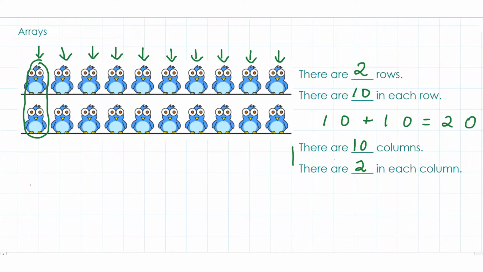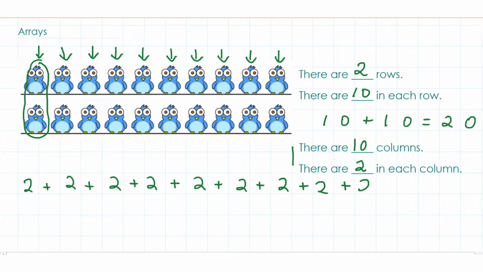So that would be 2 plus 2 plus 2 plus 2 plus 2 plus 2 plus 2 plus 2 plus 2 plus 2. And now we need to add all those up.